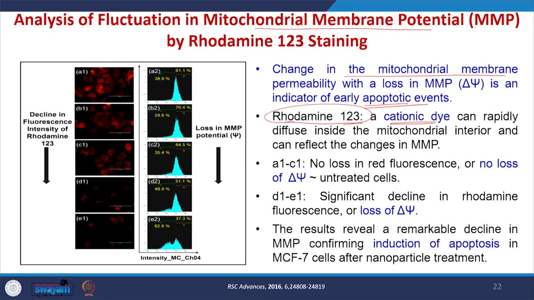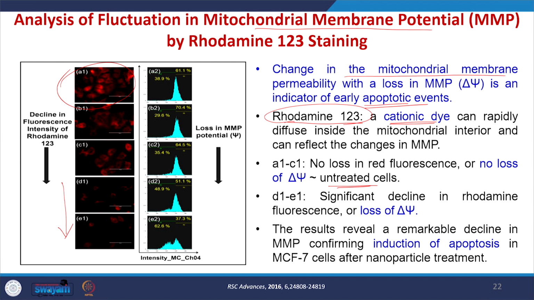You can see here in the untreated cells there is no loss of red fluorescence, the fluorescence is intact. Whereas in the nanoparticle treated cells, you can see a significant decline in the fluorescence. That is due to the loss of mitochondrial membrane potential. So, this confirms that there is an induction of apoptosis after treating with the nanoparticle.